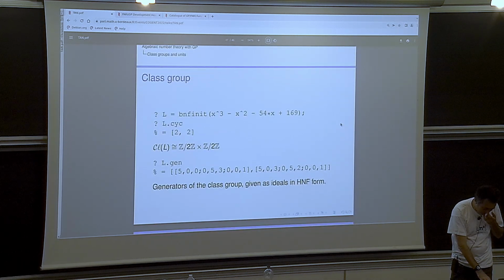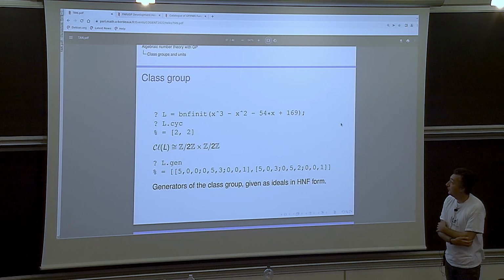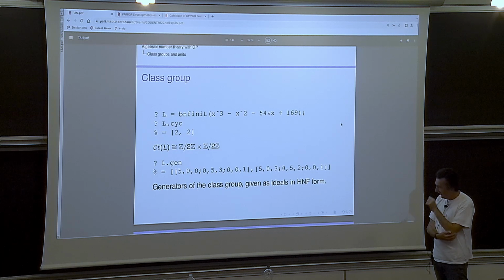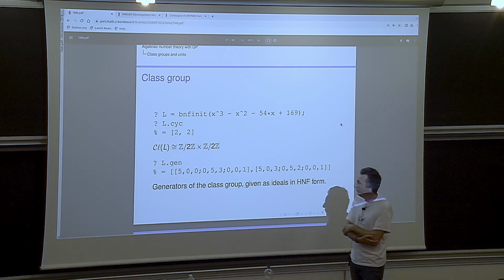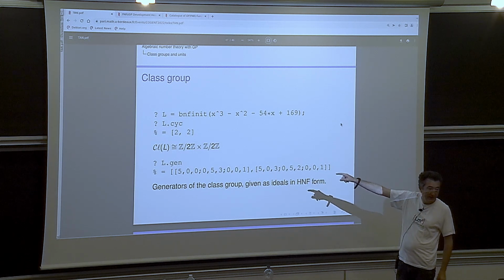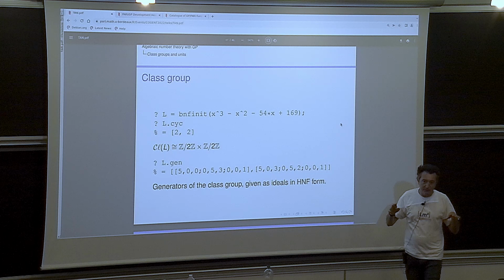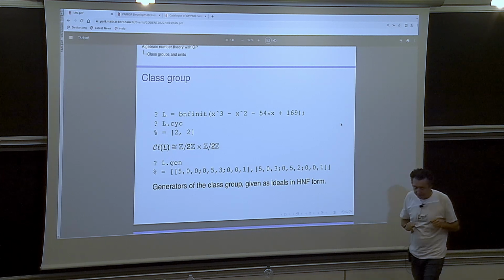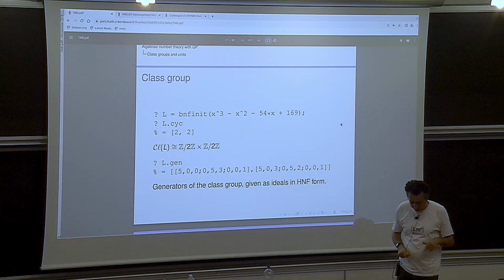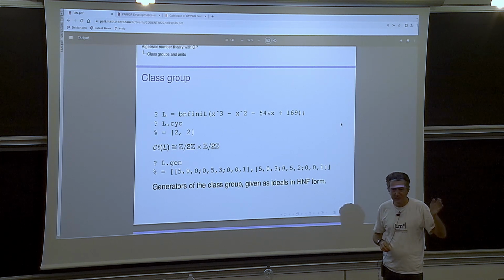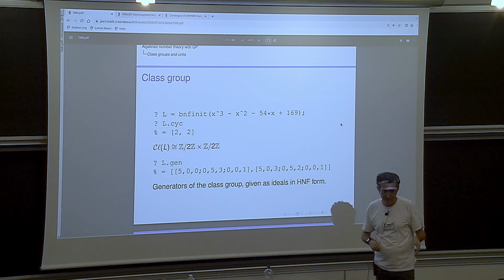So the class group. Okay, we try more interesting examples. We take this polynomial. Here we do L.cyc, and we get 2, 2. So that means that the group is Z over 2Z times Z over 2Z. So this is the SNF, the Smith normal form of the group. Also, the PARI/GP convention is to use dn divides dn-1 divides ... divides d1.